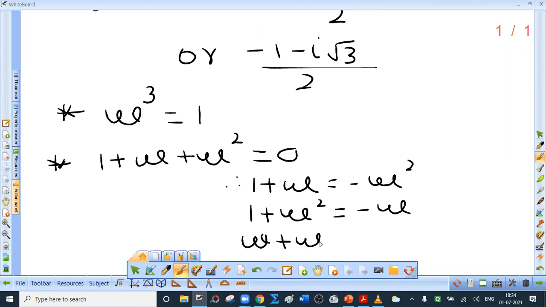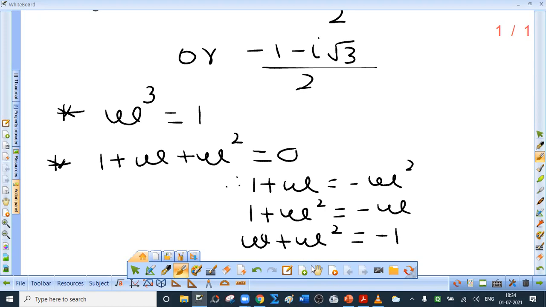And omega plus omega square equal to -1. Remember, these two are standard results. Which two? Omega cube is 1 and 1 plus omega plus omega square equal to 0. These are derived results. So you should not write 1 plus omega is equal to minus omega square directly. First, you should say 1 plus omega plus omega square is 0. So 1 plus omega is minus omega square.